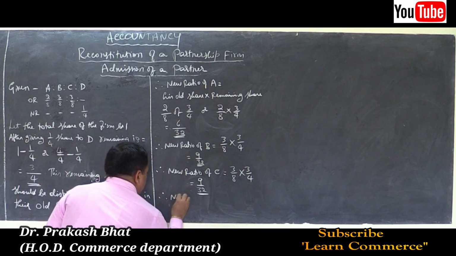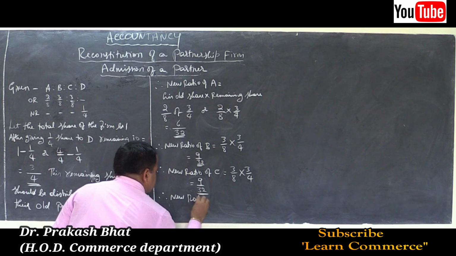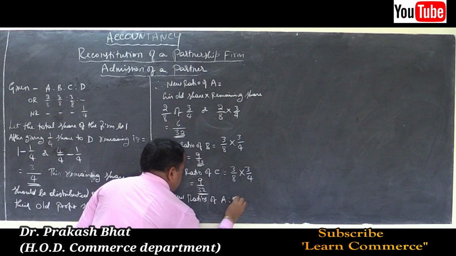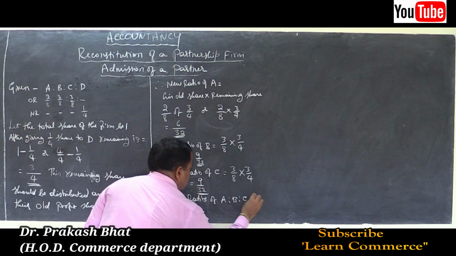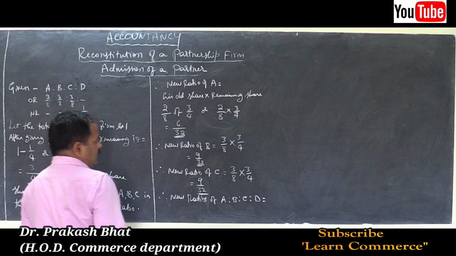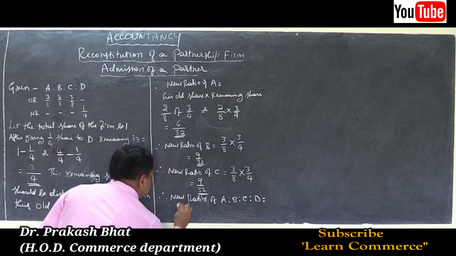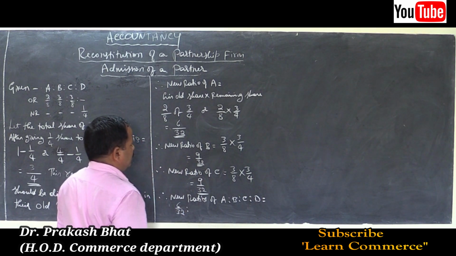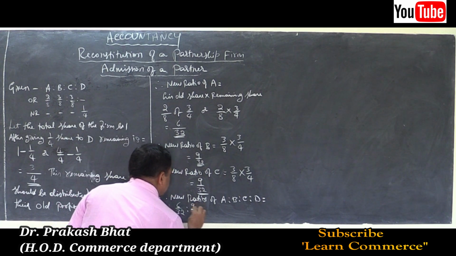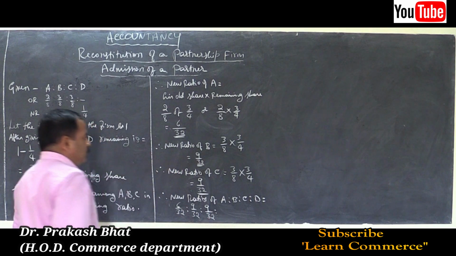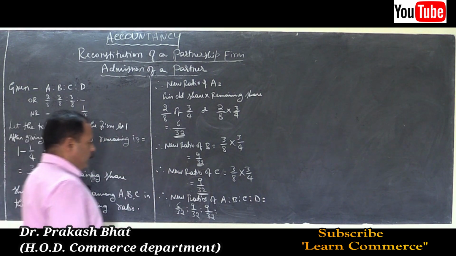Therefore, new ratios of A is to B is to C is to D is equal to how much? 6/32 is to 9/32 is to 9/32 is to the new partner, how much? 1/4.